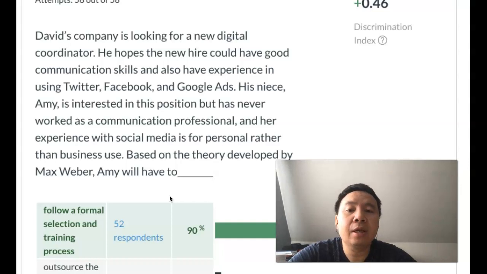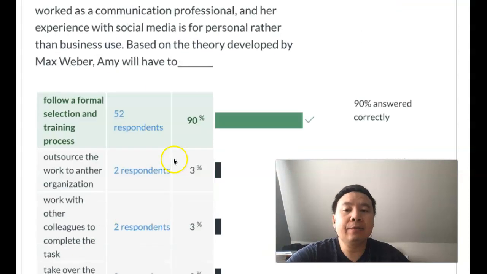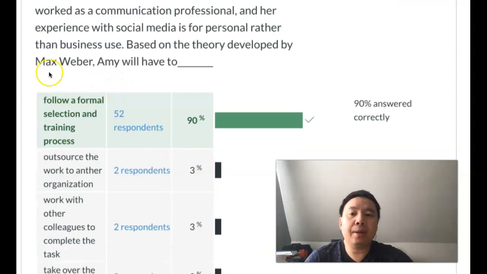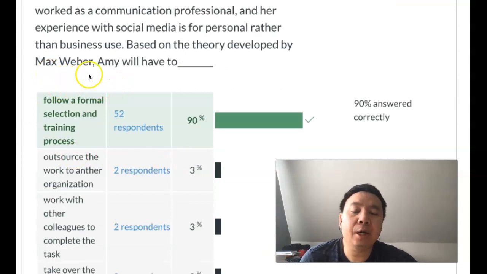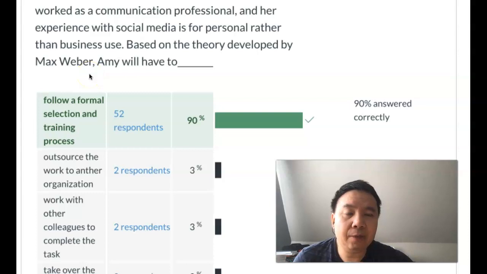Based on the theory developed by Max Weber, what will Amy have to do? First of all, you need to know Max Weber is the pioneer of bureaucratic management theory. Bureaucratic management theory emphasizes six basic principles.